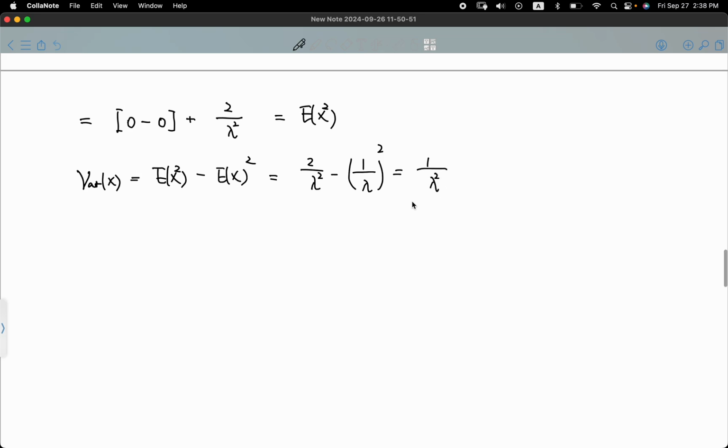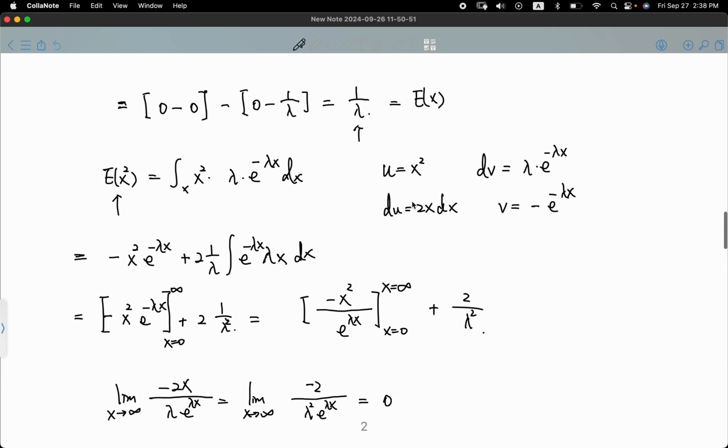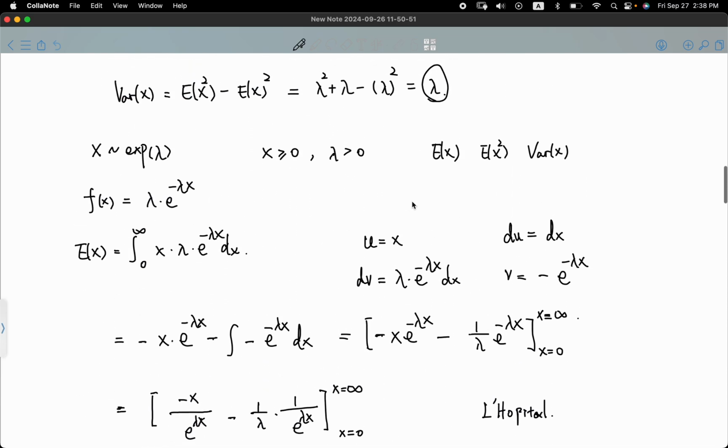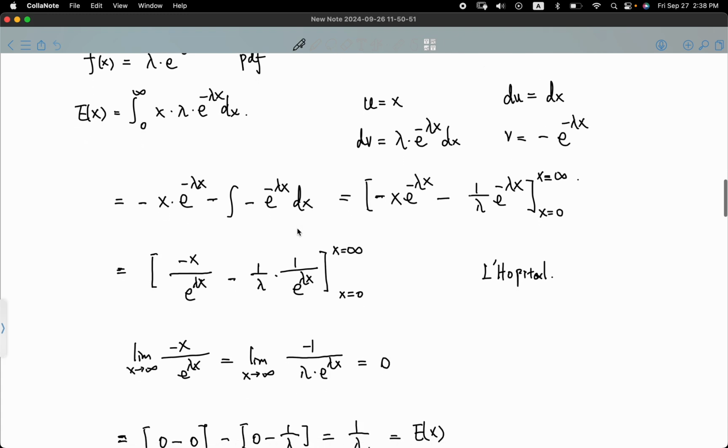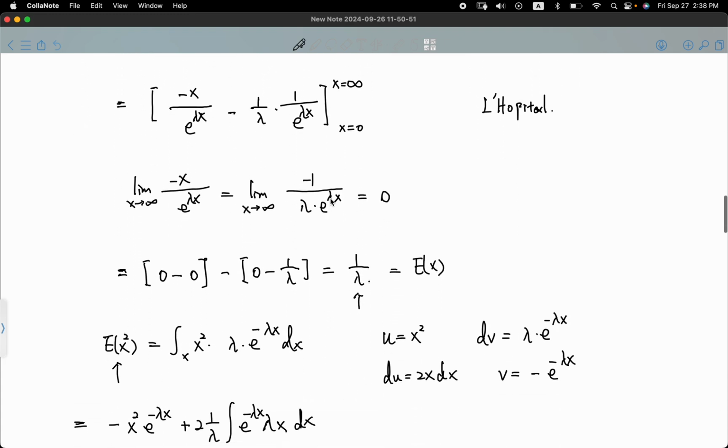So for the exponential distribution here, which is a continuous random variable, which has this formulation for the probability density function, for the first moment, or the expected value, we use the integration by parts, and then we end up with 1 over lambda.